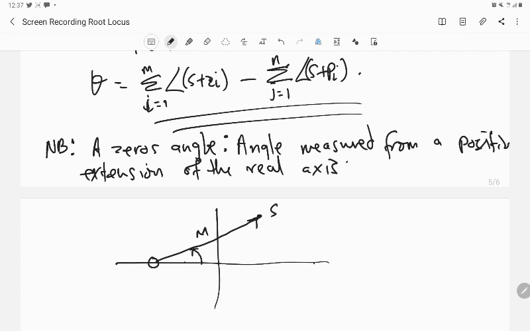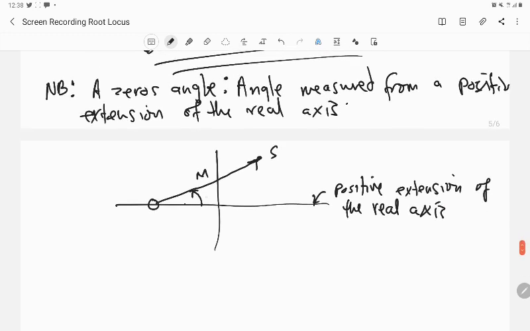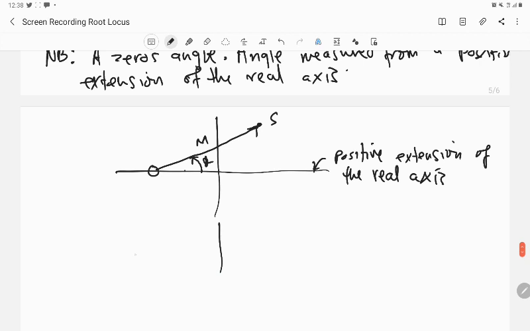This is the positive extension of the real axis, so the angle becomes theta here. So that is what we mean by zero angle. The same thing applies to pole angles.